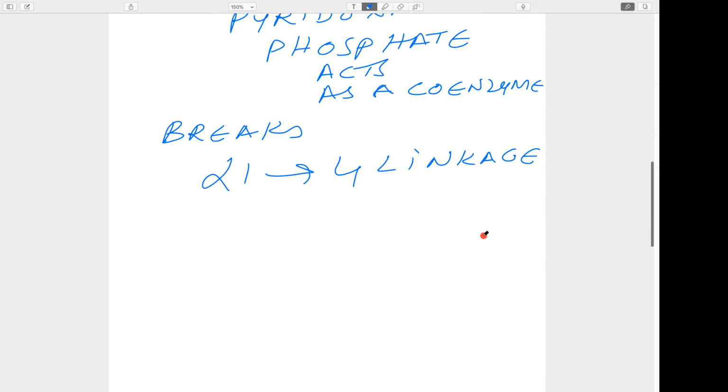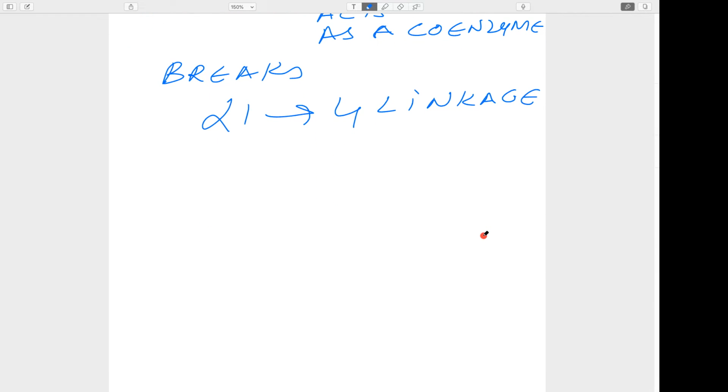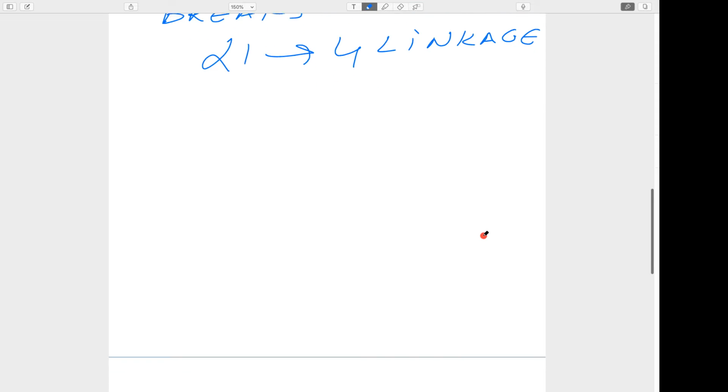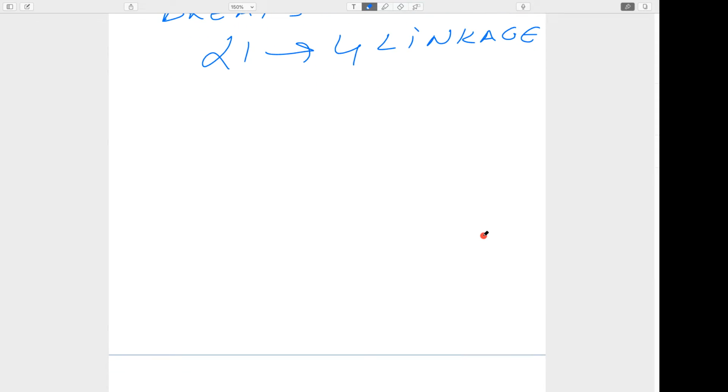Now, to show the glycogen phosphorylase action, I will draw the structure of glycogen. This is the structure of glycogen.